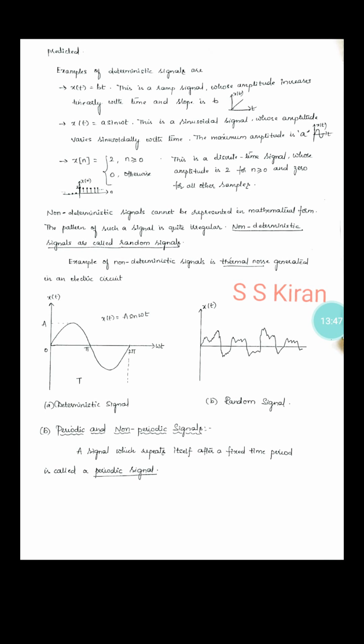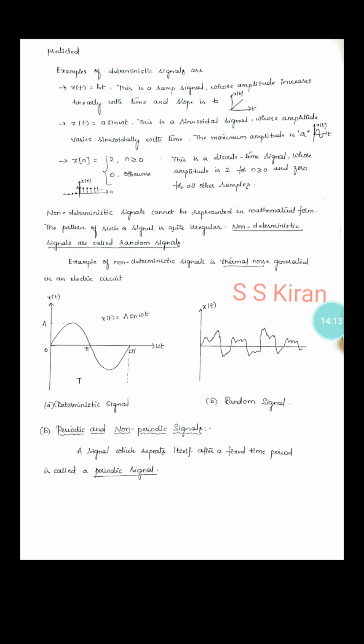Coming to the second one, periodic and non-periodic. A signal which repeats itself after a fixed time period is called periodic. Very important. A signal that repeats itself after a fixed time, like t naught, is called a periodic signal, which has some expression.